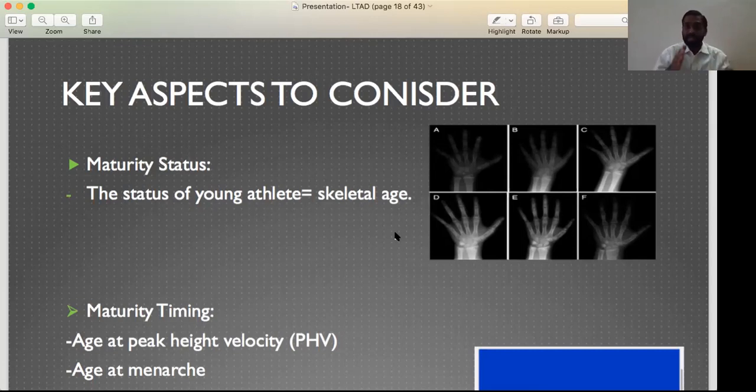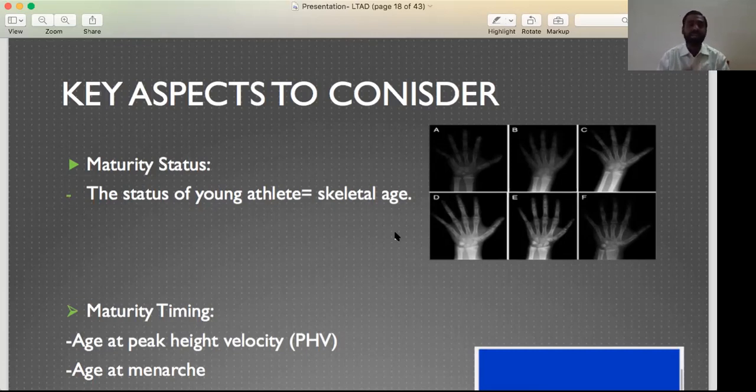If you do it at 13, 14, 15, the radiation is so minimal, anybody can say it could be harmful, but the radiation is so minimal that even if you do it 4 times in a year, it'll still be in the less harmful stage. I would not like to dwell more into it. It's just information that if anybody wants to know the way, a left hand x-ray done before the age of 16 could be a very good predictor to tell the musculoskeletal age of an athlete. That is one way.